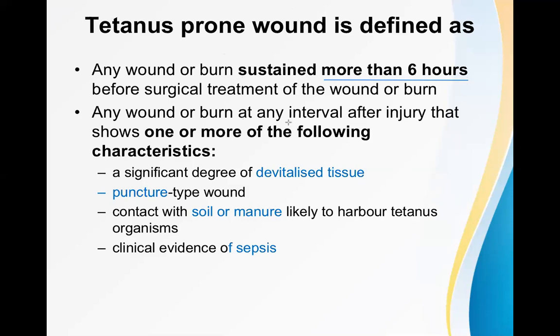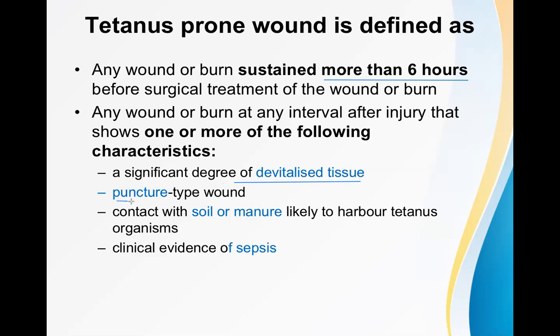Any wound or bone, at any interval after injury, that shows one or more of the following characteristic points: a significant degree of devitalized tissue. Devitalized tissue means they are not surviving tissue; they are already dead tissue there. They lose their blood supply, so they are going to die very soon. So this is called dead and devitalized tissue.